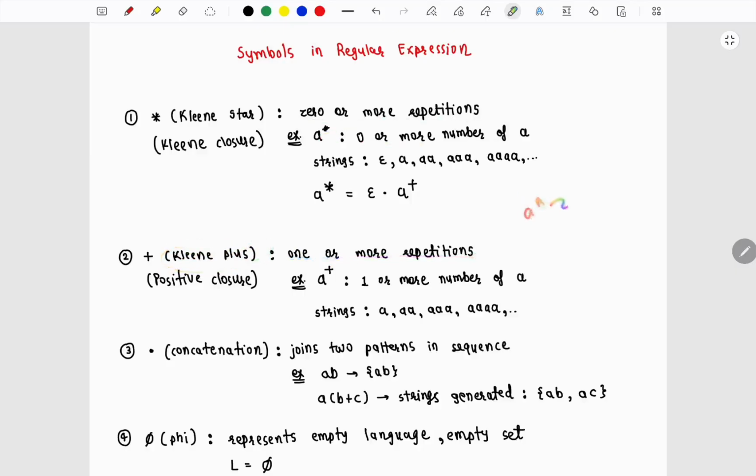If A star can be written as zero or more number of A, then A plus can be written as one or more number of A. Here, strings from Kleene closure are epsilon, A, double A, triple A, 4 times A. Strings from A plus are A, double A, triple A, 4 times A. Here, epsilon will not come for A plus. A plus means Kleene plus.